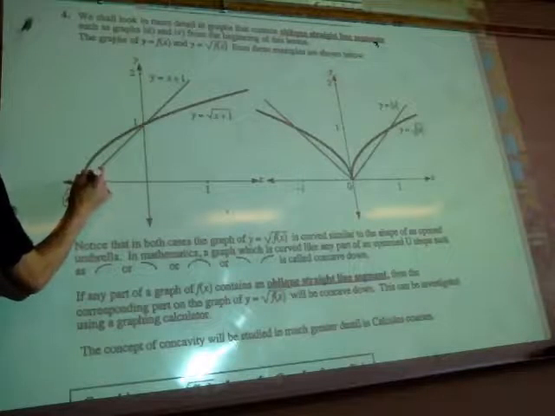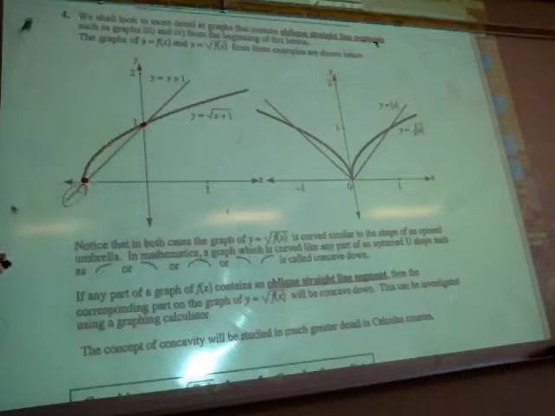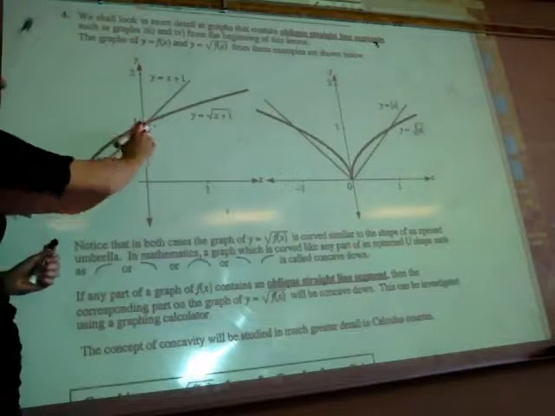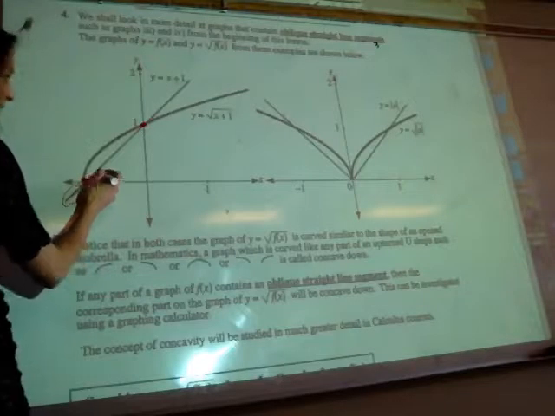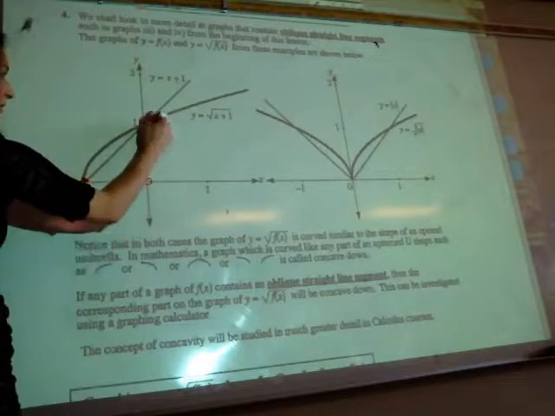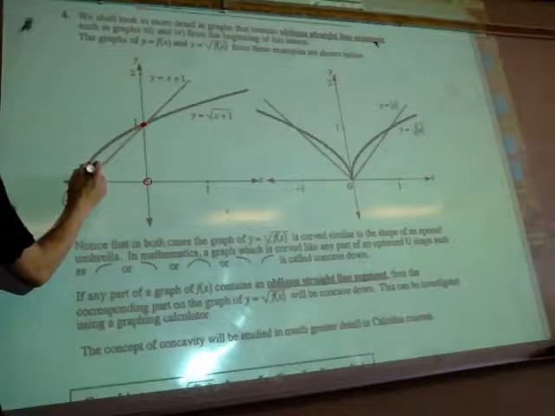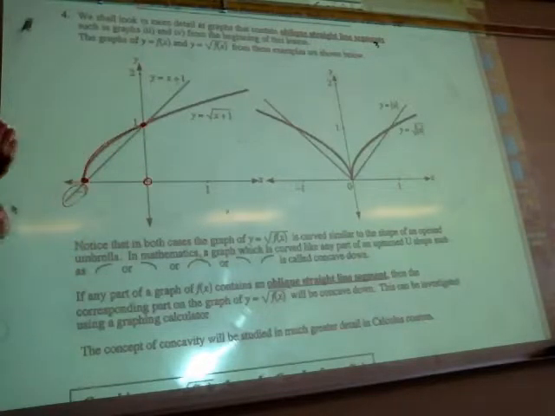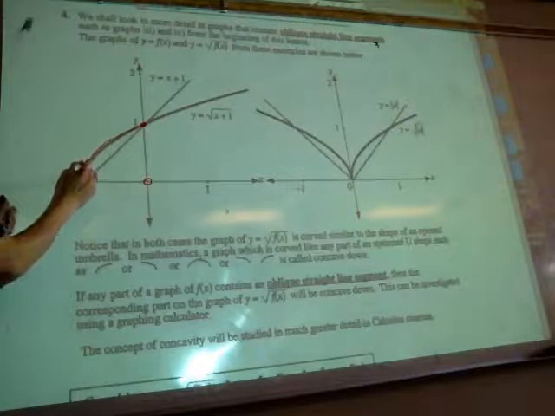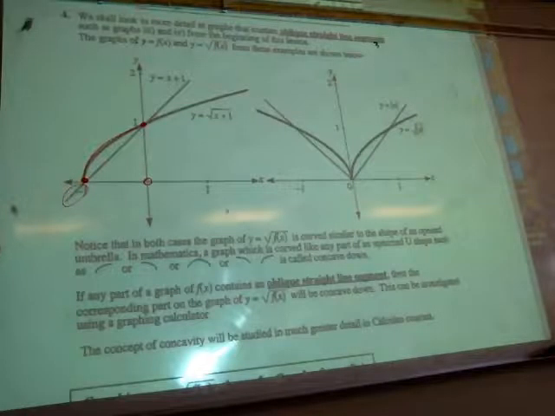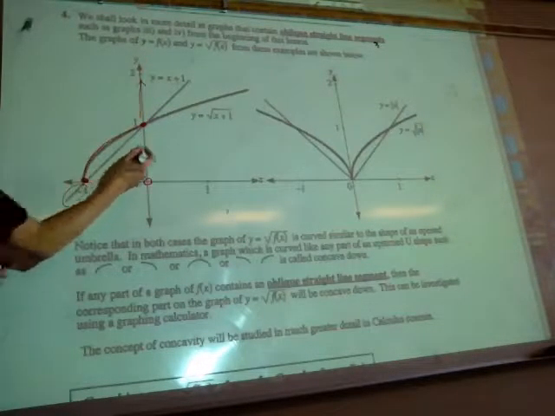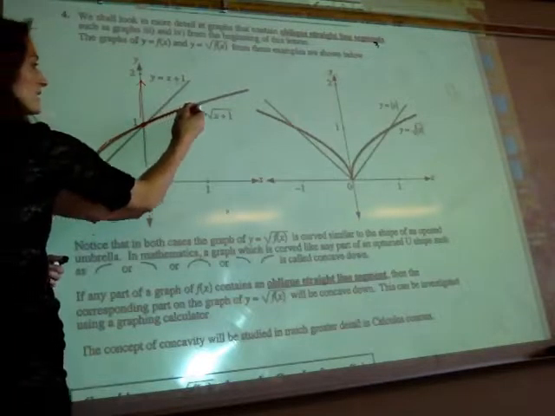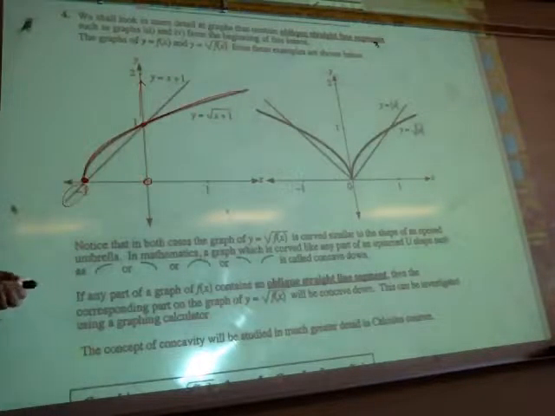Okay, what about these points here? What do we call those? Invariant points. They occur at the x-intercept and when y equals 1. When we have values between 0 and 1, the graph will exist above and it will concave down. So the radical function exists above the original function. When we are looking at numbers bigger than 1, the radical function exists below the original function.